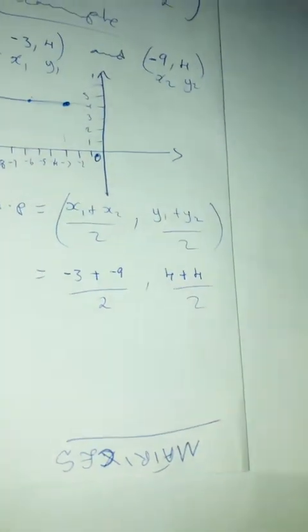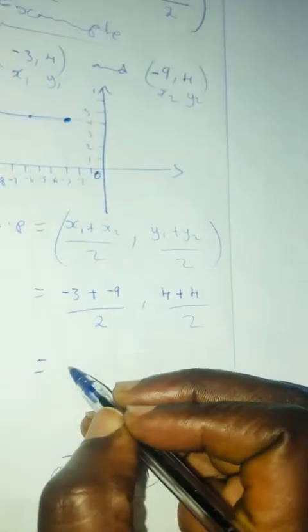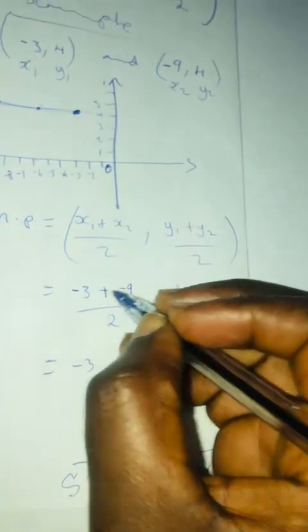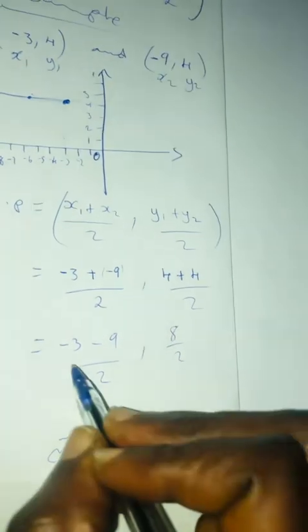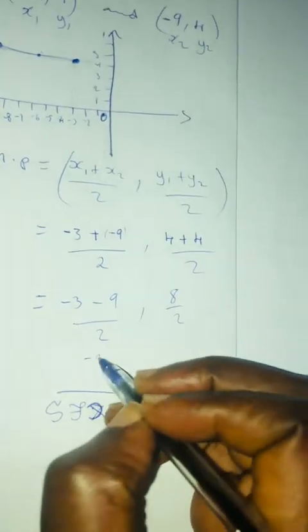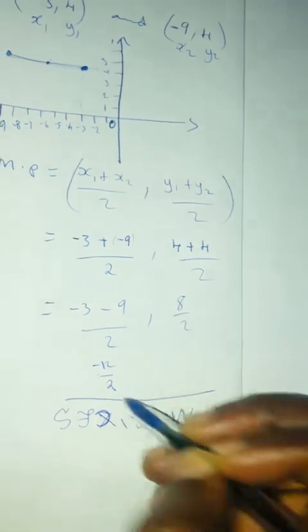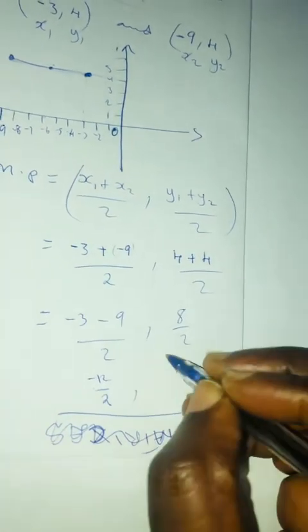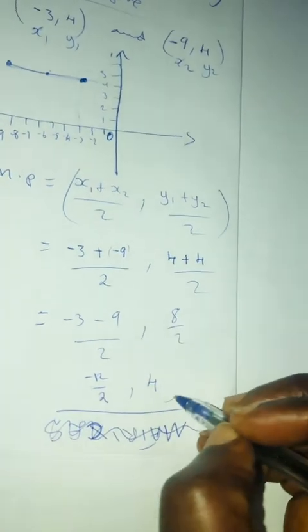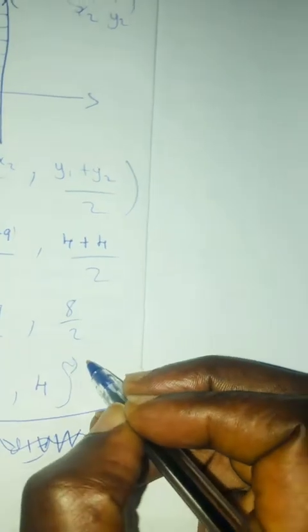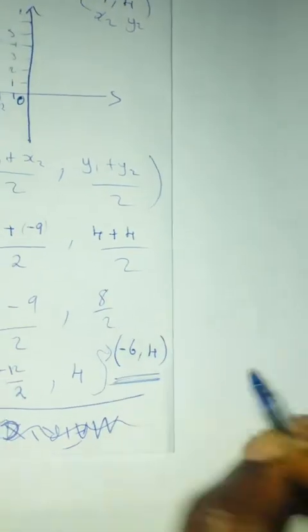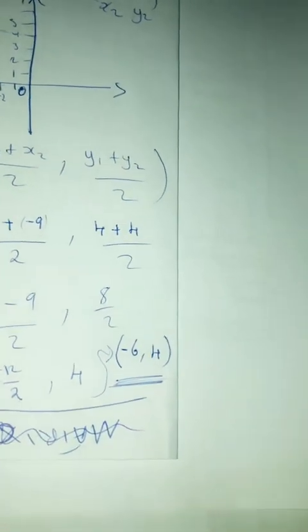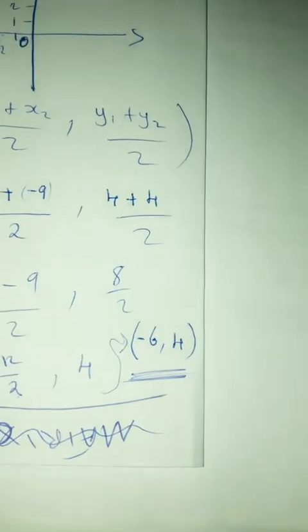This gives us negative 12 over 2, comma 8 over 2. Negative 12 divided by 2 is negative 6, and there we have 4. So the coordinates of the midpoint are negative 6, comma 4.